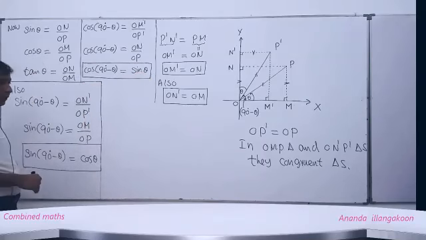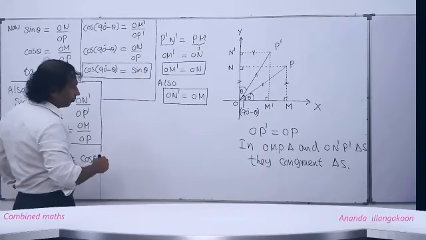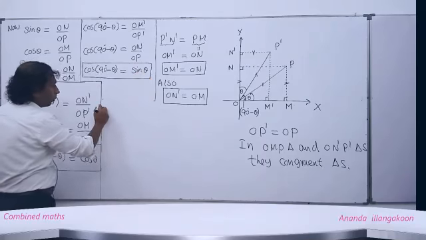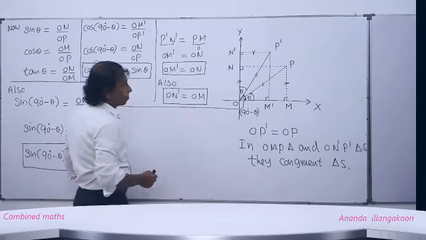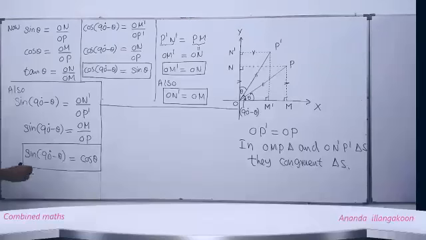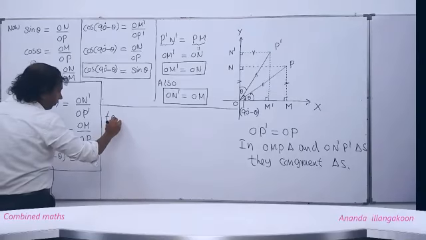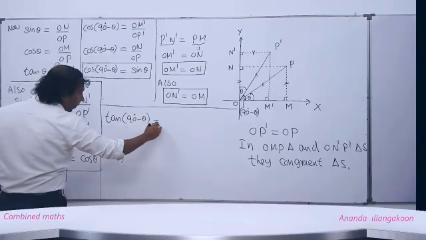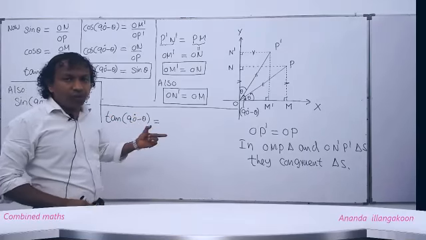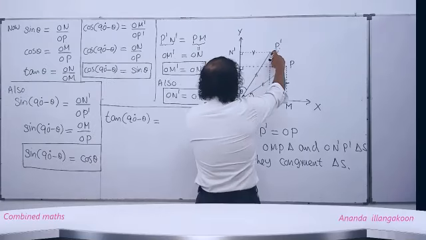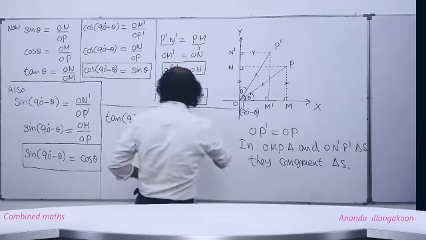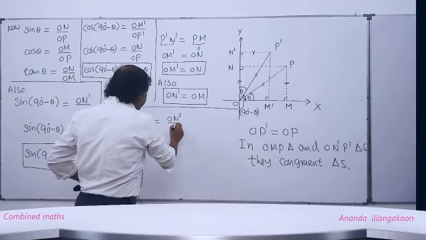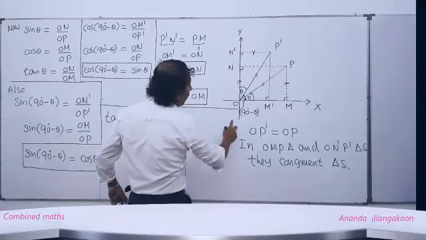Then the last result I am going to obtain: tan(90 minus theta). Perpendicular projection of OP on the y-axis. This OP dash on the y-axis is ON dash, divided by OM dash.